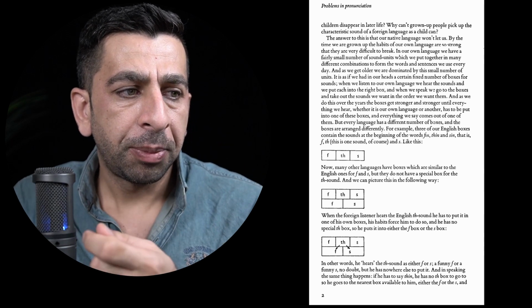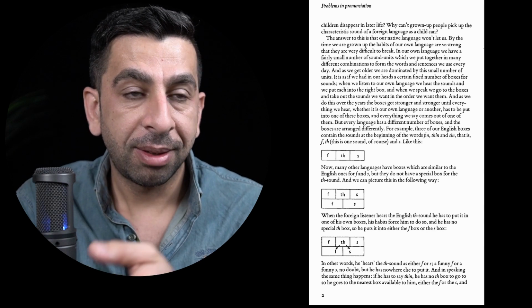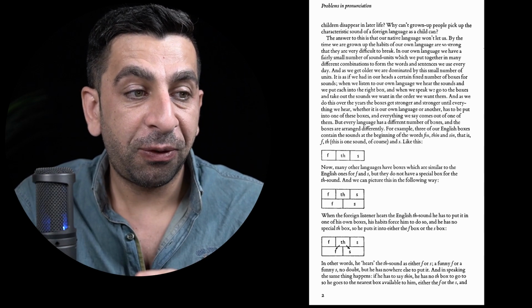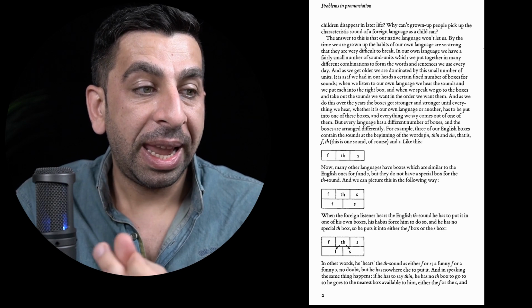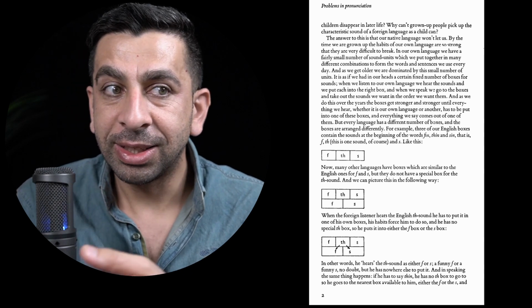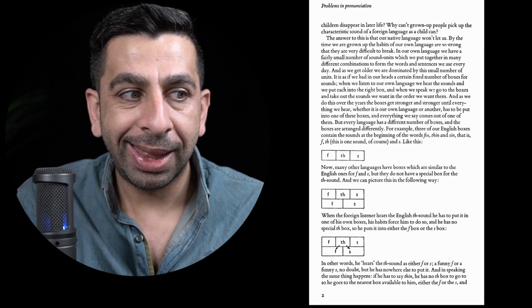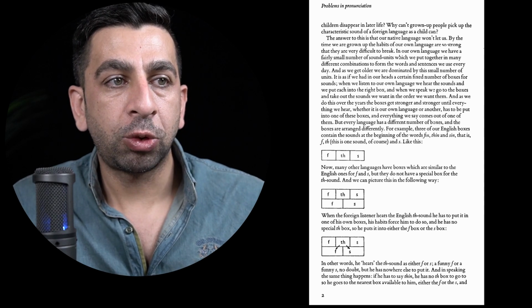In other words, he hears the th sound as either f or s. يعني باللغة مالته. ممكن بعض الحالات اللغات اللي ما بيها هذا الصوت تحديدا. A funny f or a funny s, no doubt, but he has nowhere else to put it. فإذا ما عنده مكان لازم يا أما يتدرب حتى يخلق هذا الصوت وهذا يأخذ وقت، أو أنه يخليه في مخارج الأصوات اللي هي يا أما ف أو س كأقرب حاليا موجودات هنا.